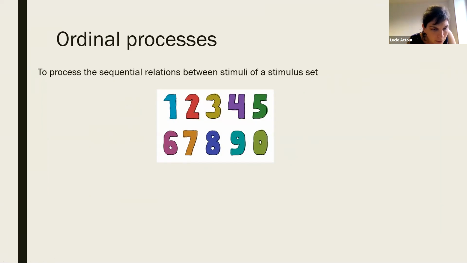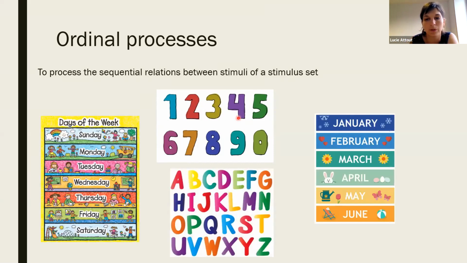For example, 4 is after 3 and before 5 in the numerical sequence, so it belongs to the numerical sequence. And these ordinal processes seem to be required to process any kind of sequential information, such as numerical, but also alphabetical, days of the week or months of the year sequences.